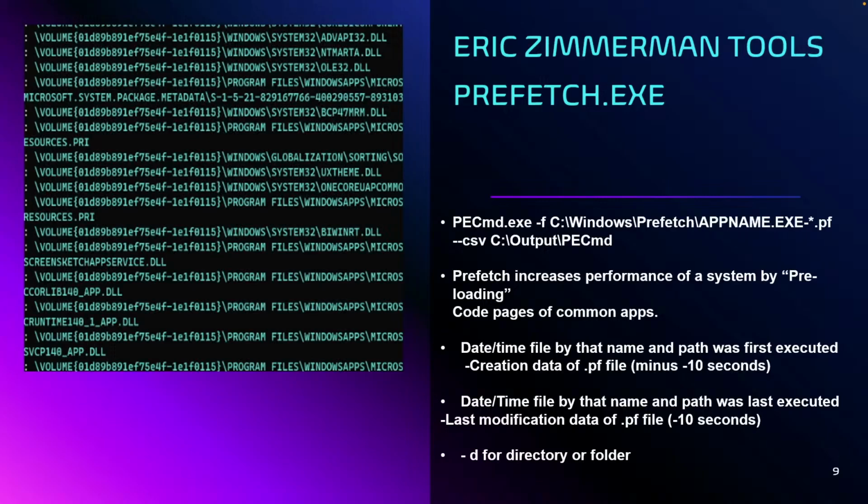Yep, you totally could. Actually, I don't know why I didn't think of that earlier. If you see an application or an exe or anything showing up within the prefetch directory, or the output that we're putting here, that executable was executed at least one time.